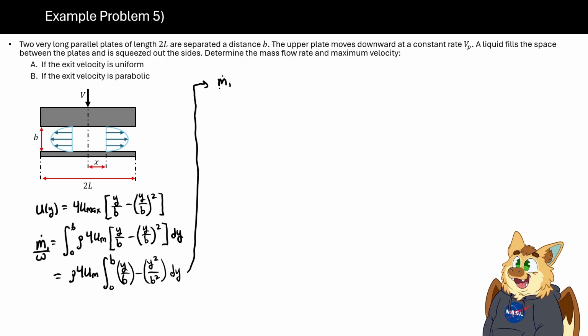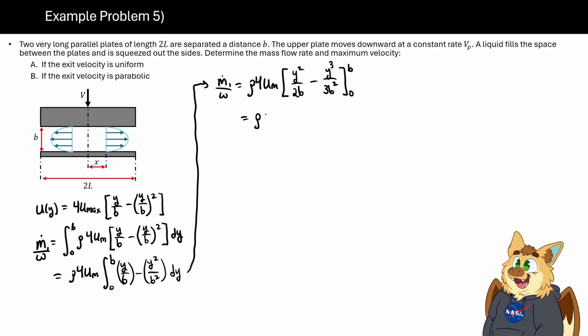So m dot 1 per unit width is equal to rho times 4 times U max. And when we do this integral, we get y squared over 2b minus y cubed over 3b squared, evaluating that from 0 to b.